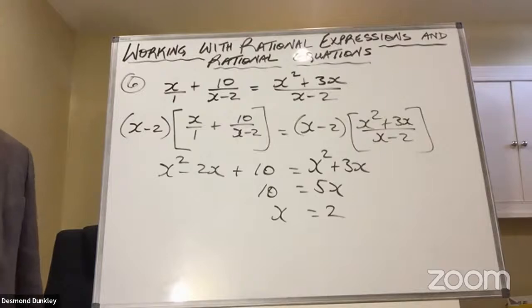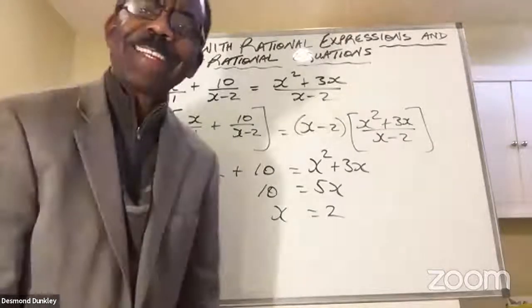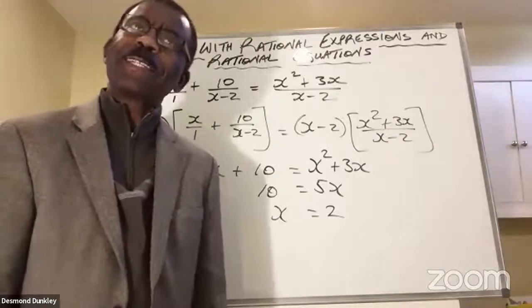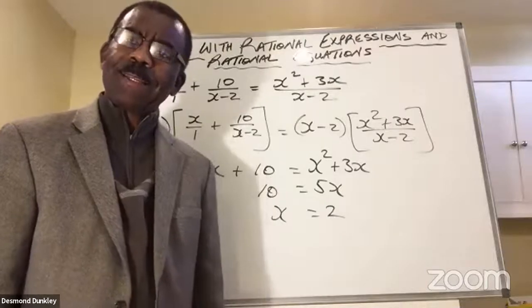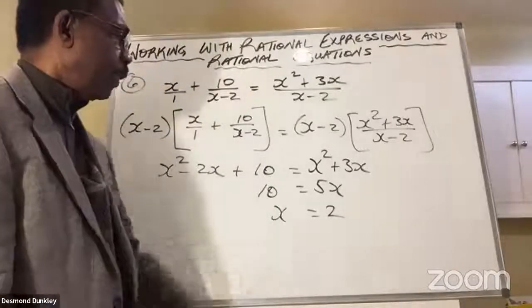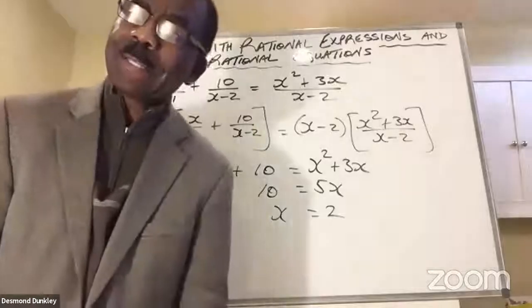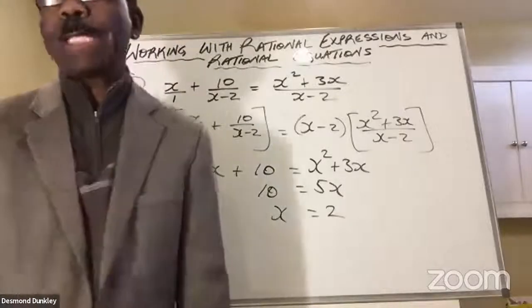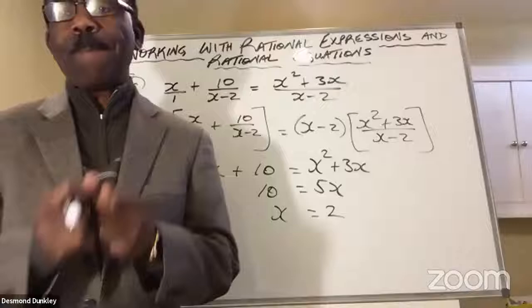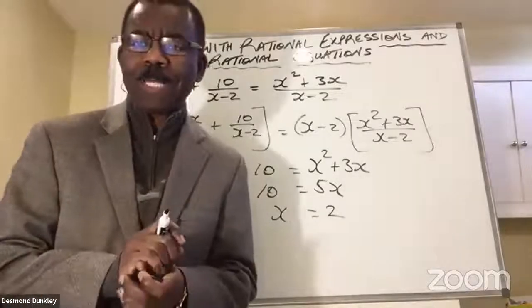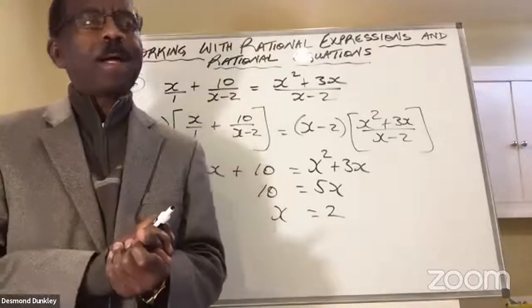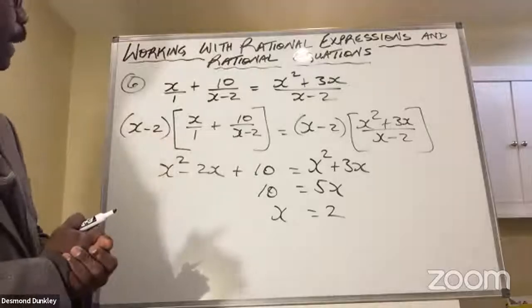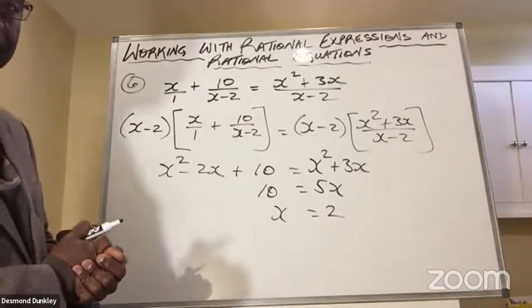Okay? Now, truth of the matter is, if we were to go back and check and plug in this 2, we would discover that it actually creates a problem. But this is the mathematical solution for this, and therefore, that's what we get. Why am I saying this?